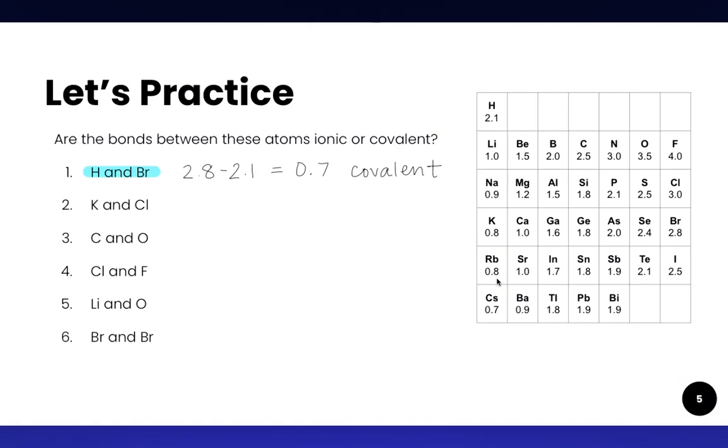Okay, so next let's do potassium and chlorine. The electronegativity difference is 2.2, so this is an ionic bond.